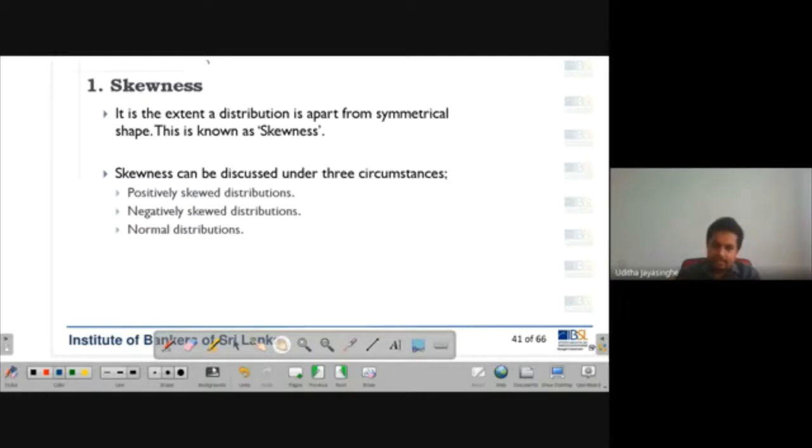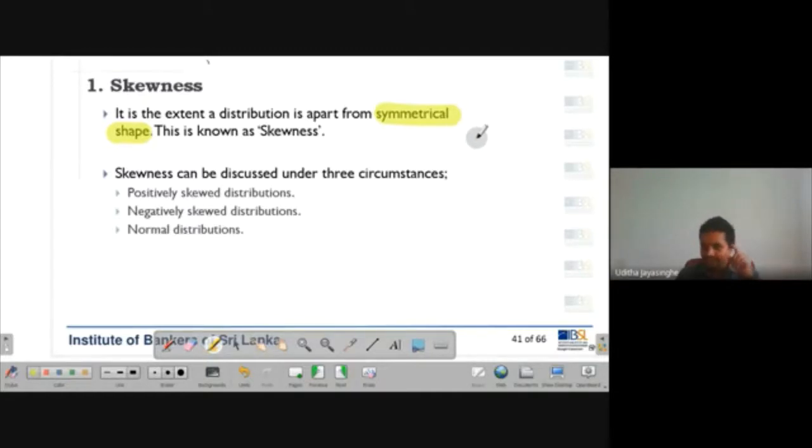Compared with a symmetrical shape, if the data set we are looking at is also a symmetrical shape, okay, fine, perfectly fine. We have a name for that also.